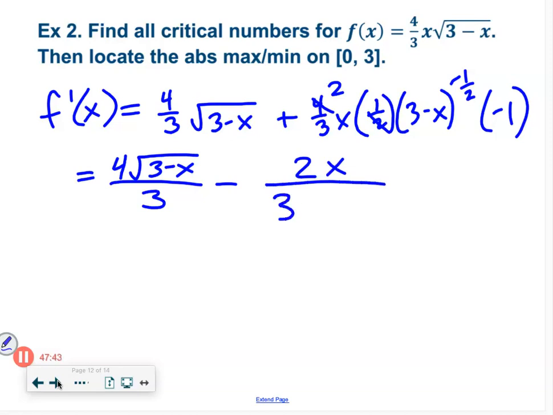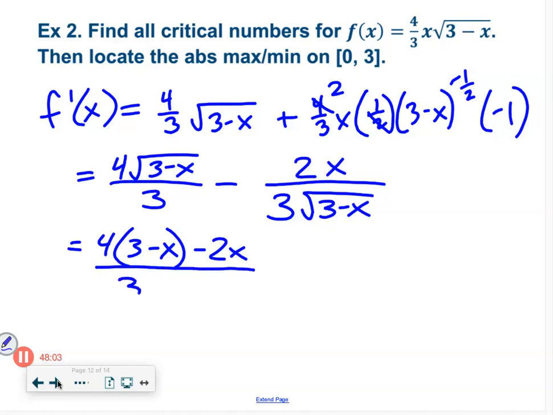On the bottom, 3 root 3 minus x. What am I going to have to multiply this term top and bottom by in order to combine these? Root 3 minus x. So I end up with 4 times 3 minus x minus 2x all over my LCD.